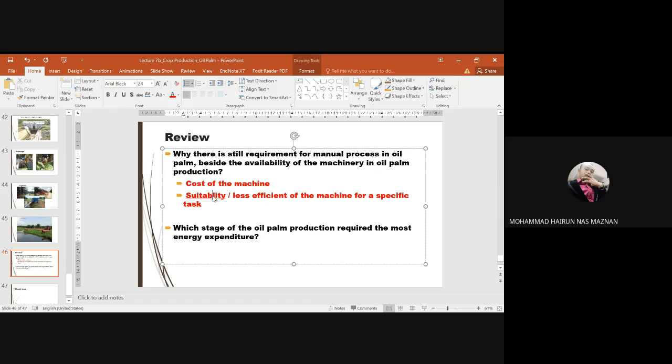I heard that the vibration of the machine is quite hard. Yeah, so maybe you can put it under agronomic. Or how to spell agronomic? AGR. No, not agro.